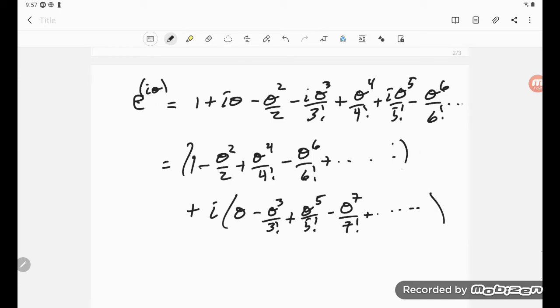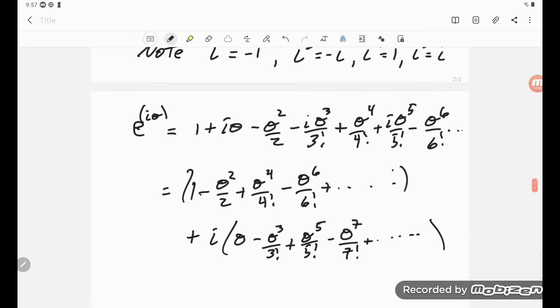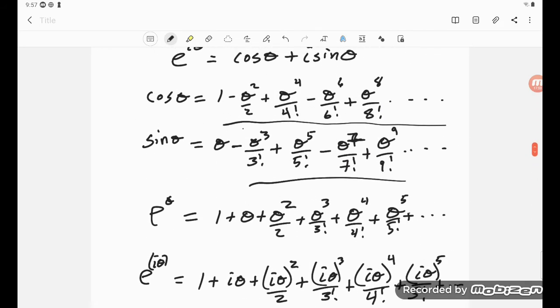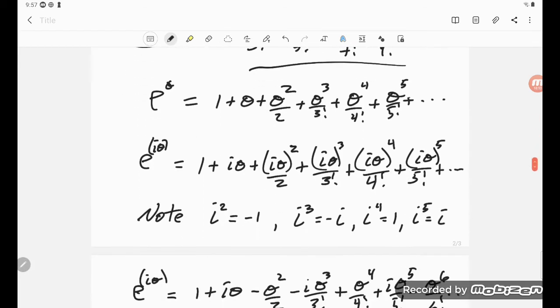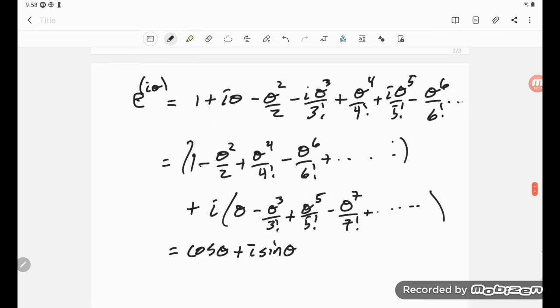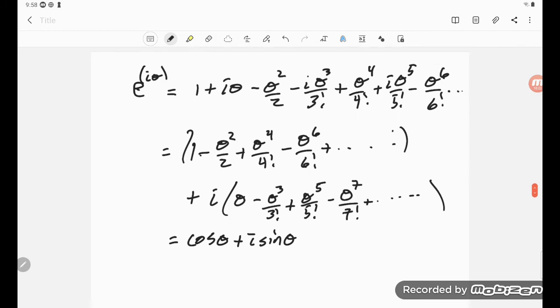And so, looking back, we see that the first set is indeed the cosine, and the second infinite polynomial is i times the sine, and so there we have cosine theta plus i sine theta. Okay, so that's Euler's formula.